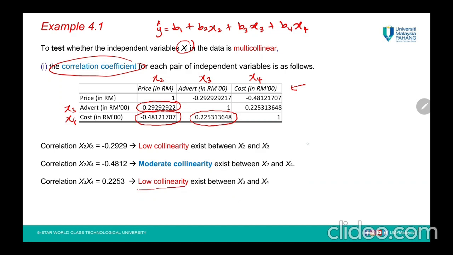Note that to identify low, moderate or high collinearity, we can use the Pearson correlation coefficient to identify its category, either low, moderate or high correlation.